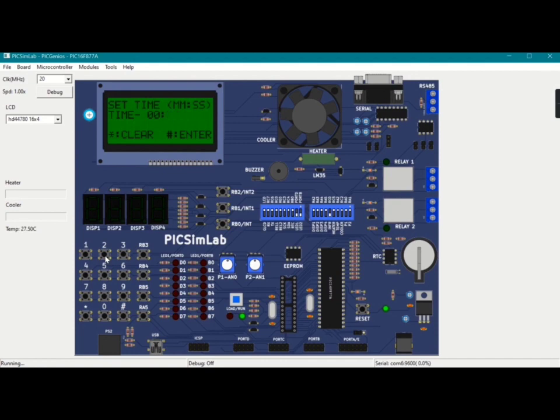I'm just setting the time 1 minute 30. First I press the 30, and 0 and 1 for 1 minute. Now I am pressing hash to enter.